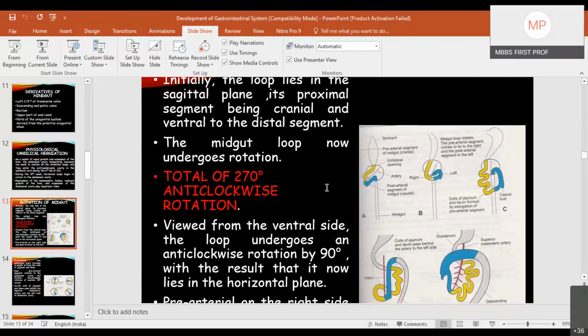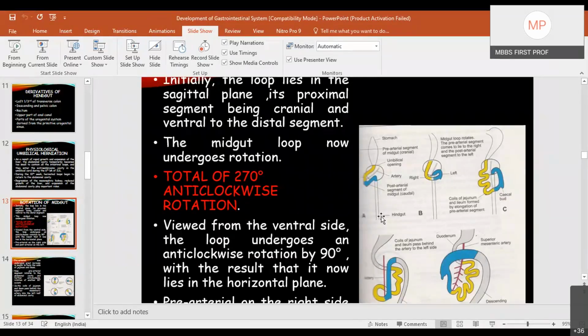अब ये 90 degree, एक 90 degree turn हो गया. Now this one has caused 90 degree of counterclockwise rotation. Again, there is 90 degree turn of counterclockwise rotation, and this pre-arterial part goes behind the artery and behind the loop of post-arterial segment.